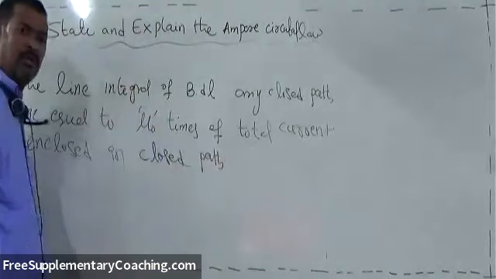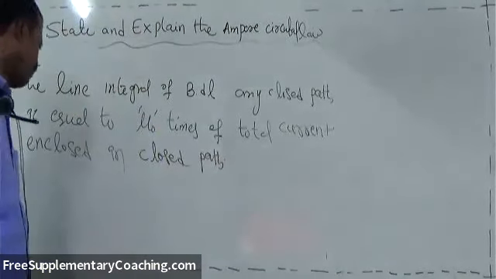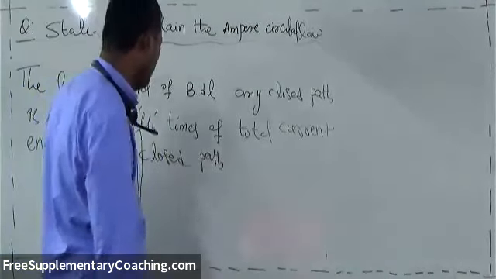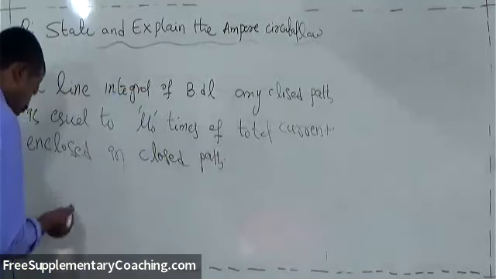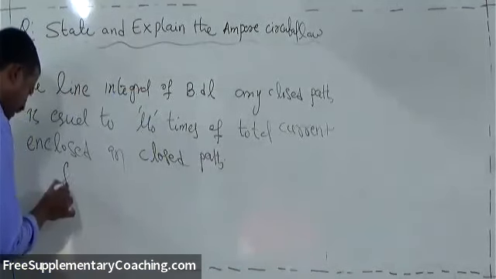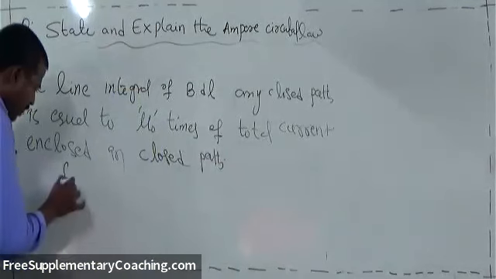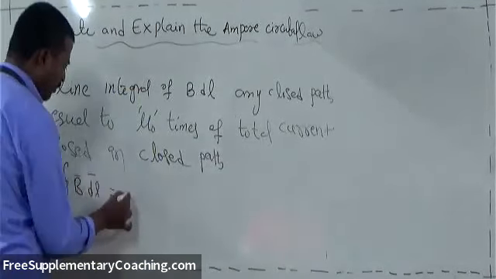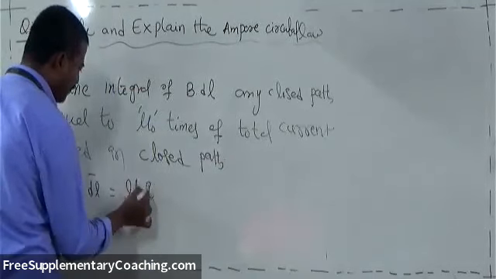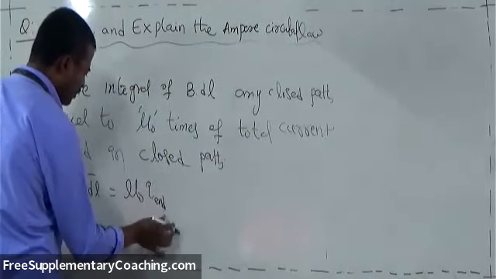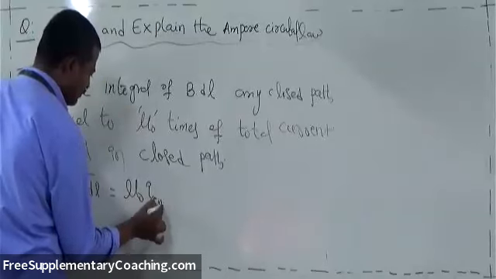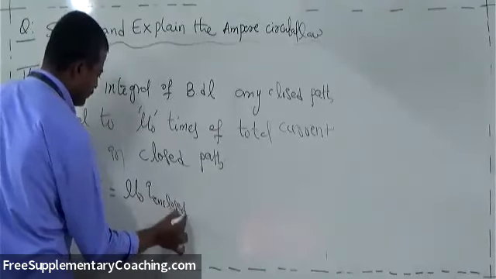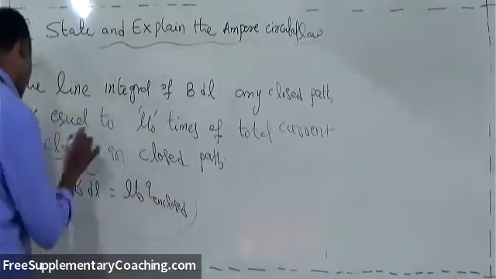So the expression is written like this: closed integral of B dot dl is equal to mu naught times I enclosed by the closed surface.